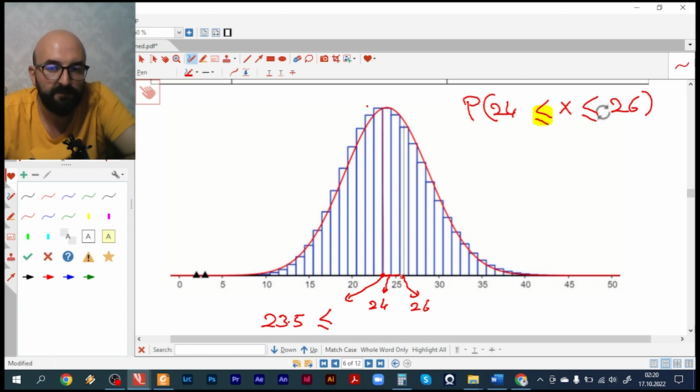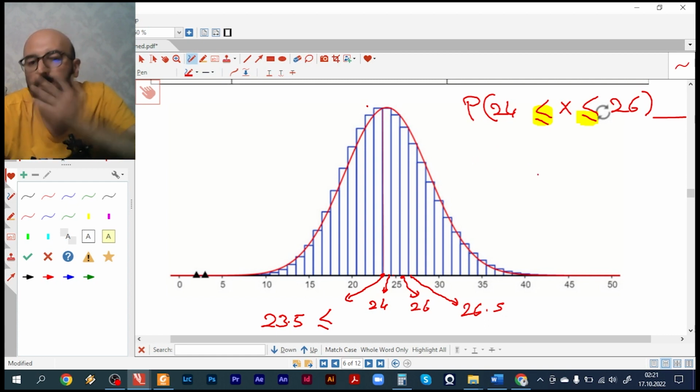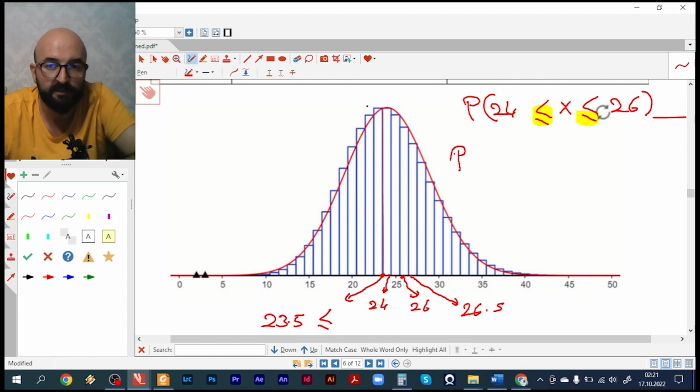And if you want to include 26, you should use the 26.5 point, because less than 26.5 includes 26, because we have equals. So when passing to the normal distribution, we should find the probability of greater than or equal to 23.5, less than or equal to 26.5, because we want to include 26 and we want to include 24.